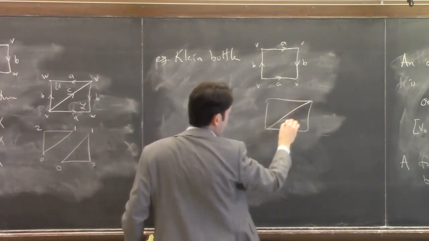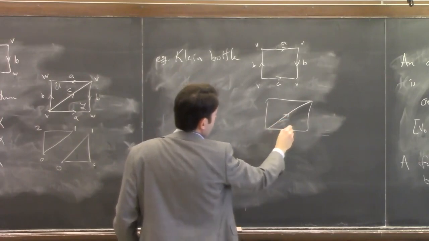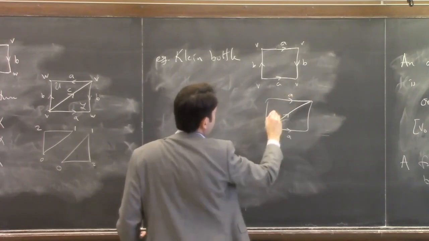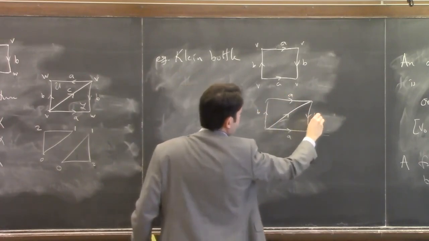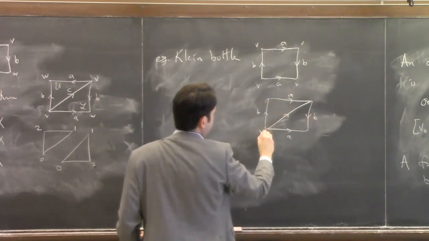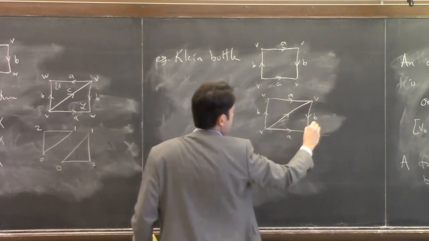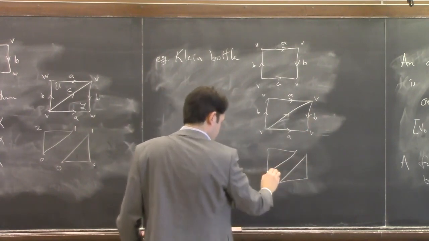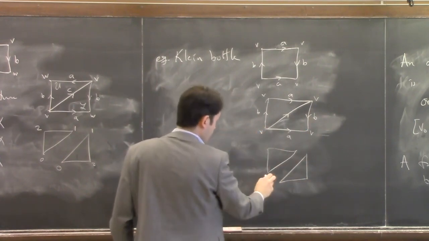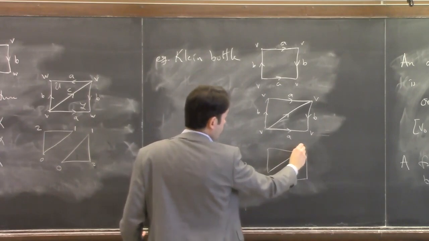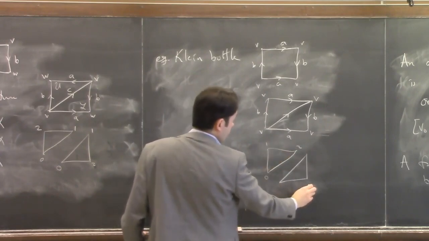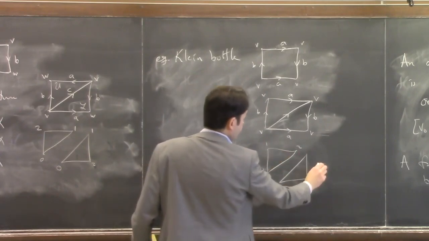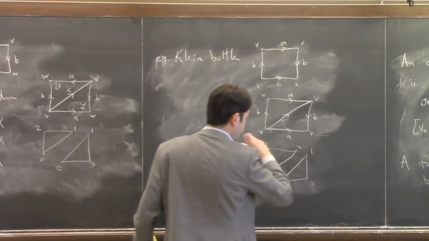We will just draw in the diagonal, and then we'll note that we have an orientation consistent with how we've drawn the arrows.